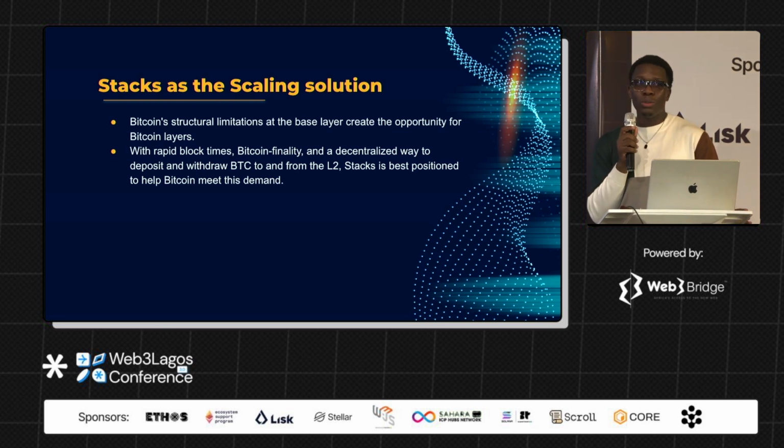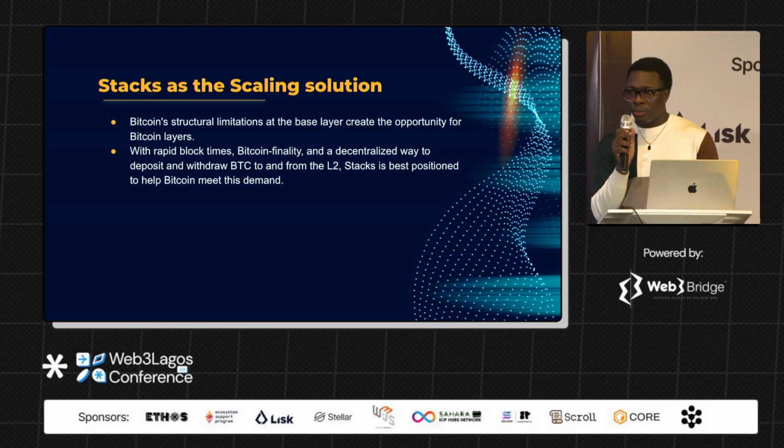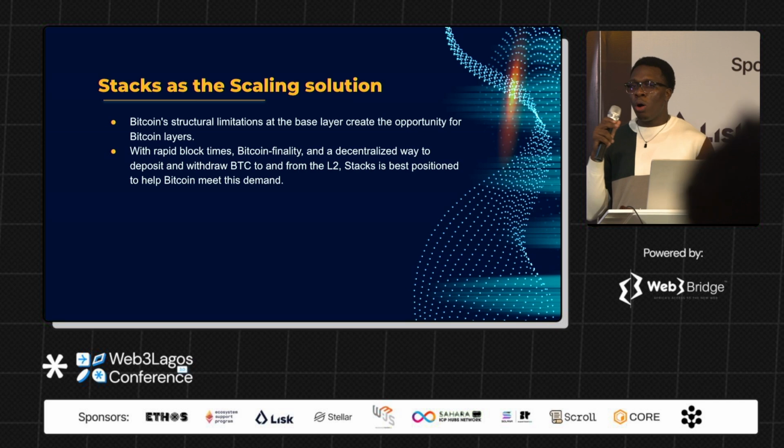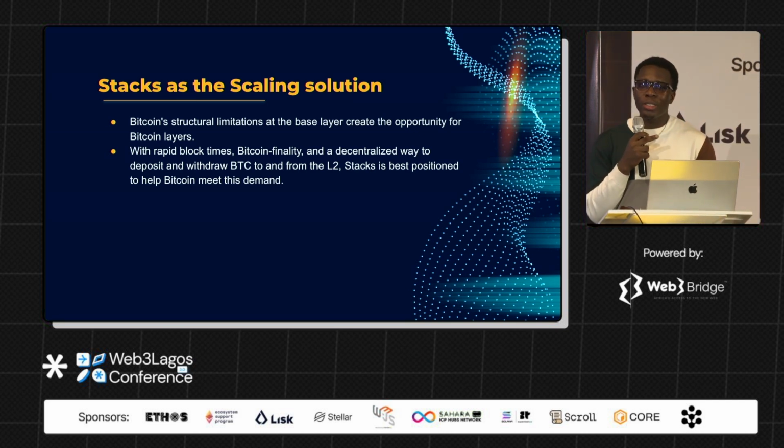So Stacks removes this issue of security by leveraging the security of Bitcoin. It uses Bitcoin as the base layer on which it operates. And by doing that, on Stacks you have faster block finality, faster transaction times, and more transactions can be batched into a block.